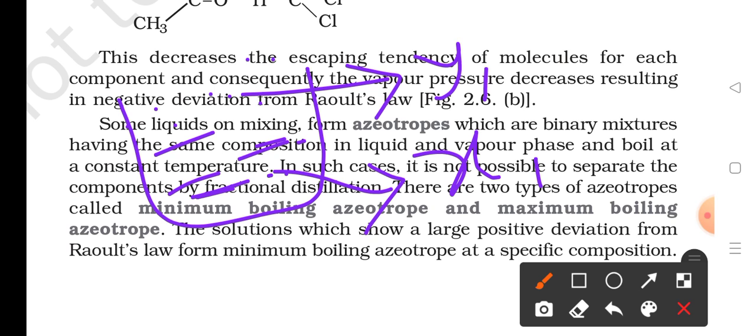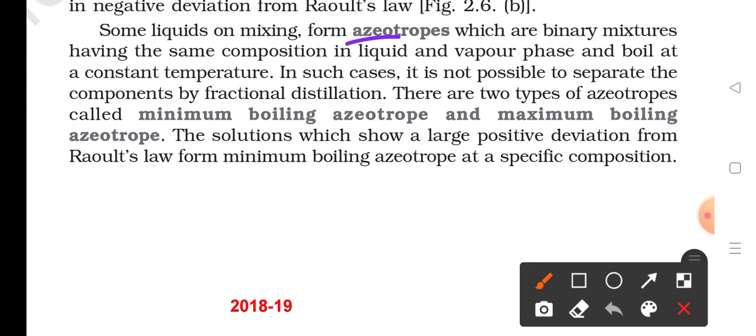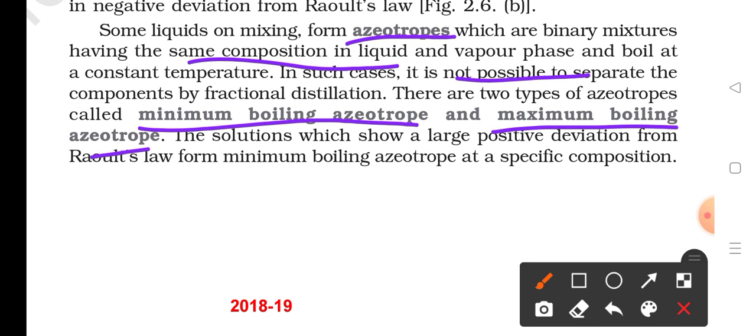So in case of azeotropes, what happened? y1 is equal to x1, okay. So this is all about azeotrope, that azeotrope has the same composition in liquid and vapor phase, okay. So that means x1 equals y1. And azeotropes are also of two types: minimum boiling azeotrope and maximum boiling azeotrope, okay.